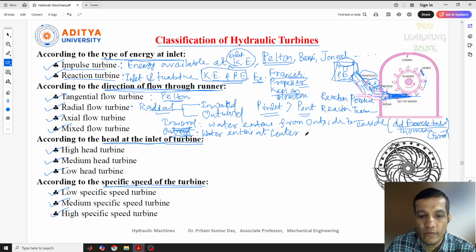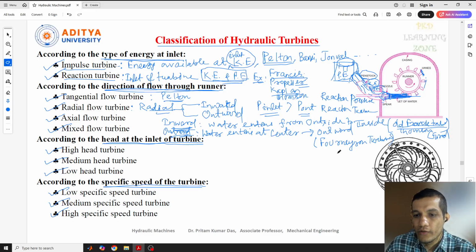Directly at the center the water enters, and it flows radially outward to the outer periphery of the runner. An example of this turbine, I'll give you the name, is the Fourneyron turbine. So this is the example of the Fourneyron turbine.